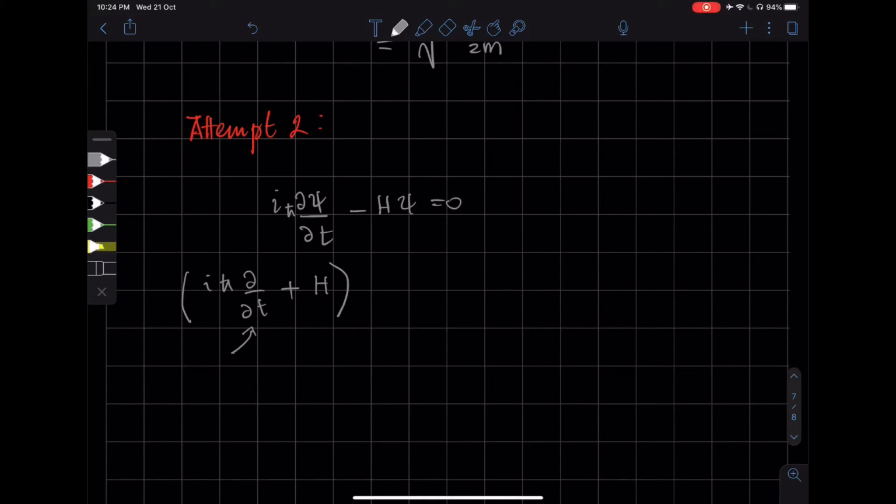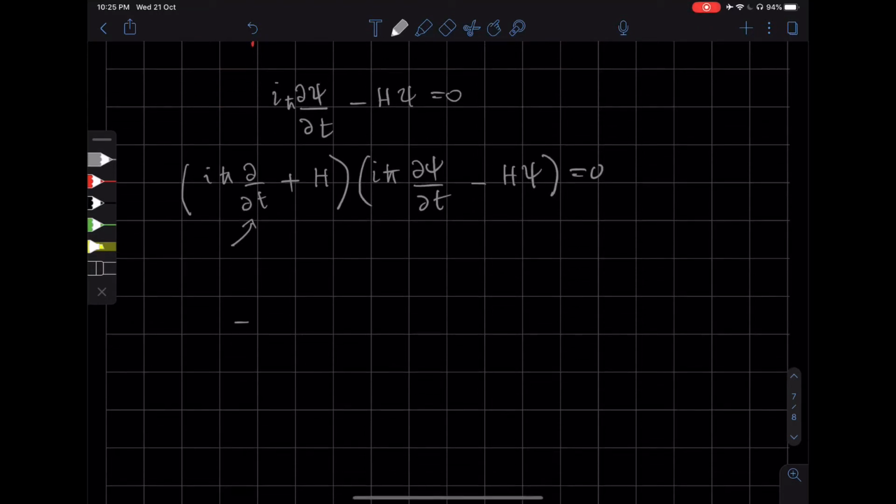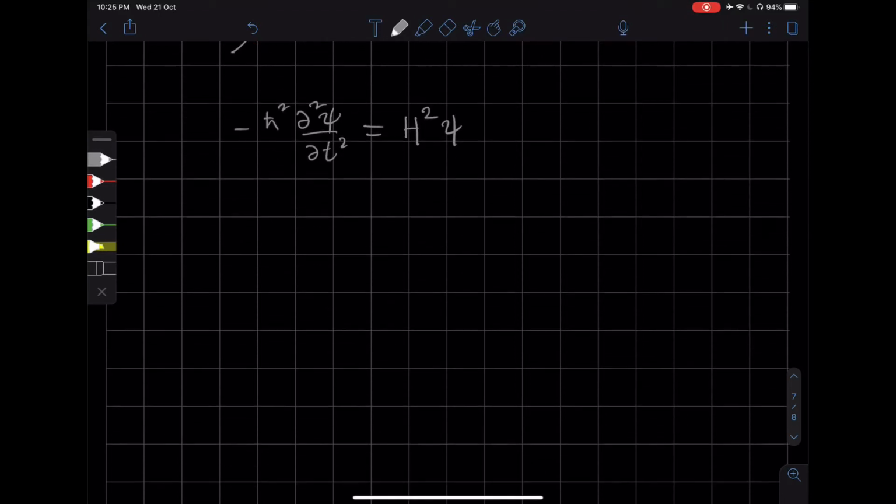If you apply it to this equation, what we get is minus h bar squared, the second derivative of psi with respect to time. And on the right-hand side, we are going to get H squared of psi. So let's consider H squared.